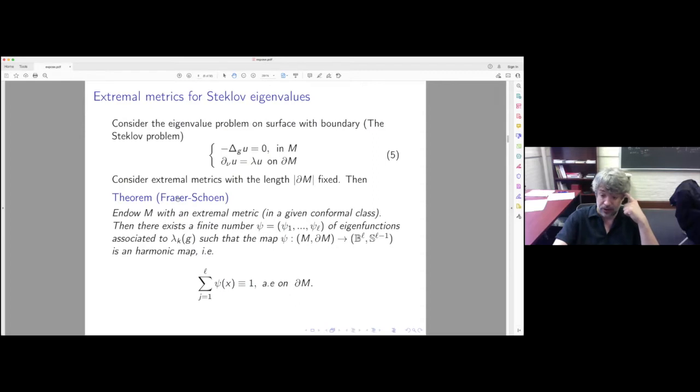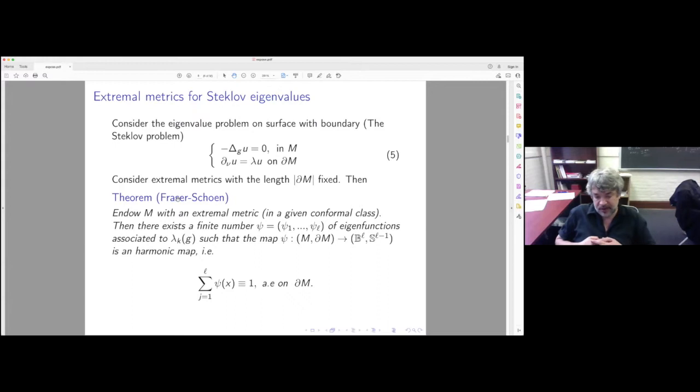So that's why I was talking before about the link between classical harmonic maps and extremal metrics on closed surfaces, because Fraser and Schoen developed a very strong analogy.